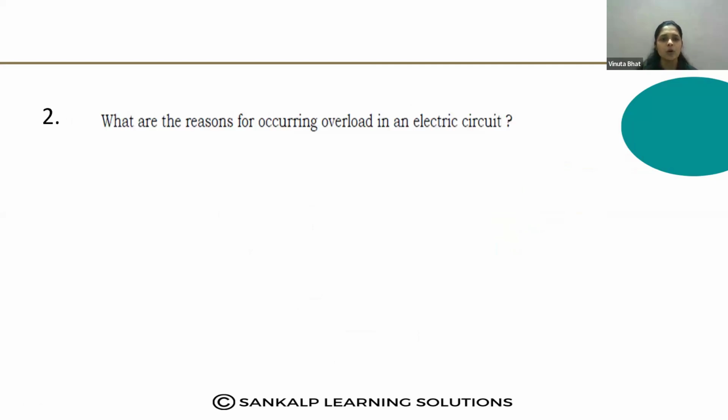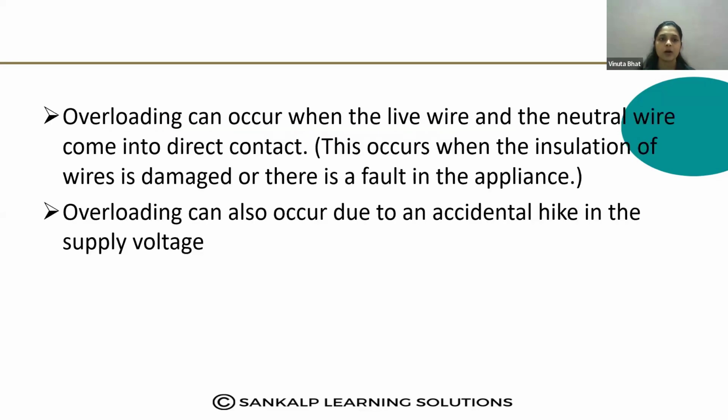Next question. What are the reasons for overload occurring in an electric circuit? Overloading can occur when the live wire and the neutral wire come into direct contact.